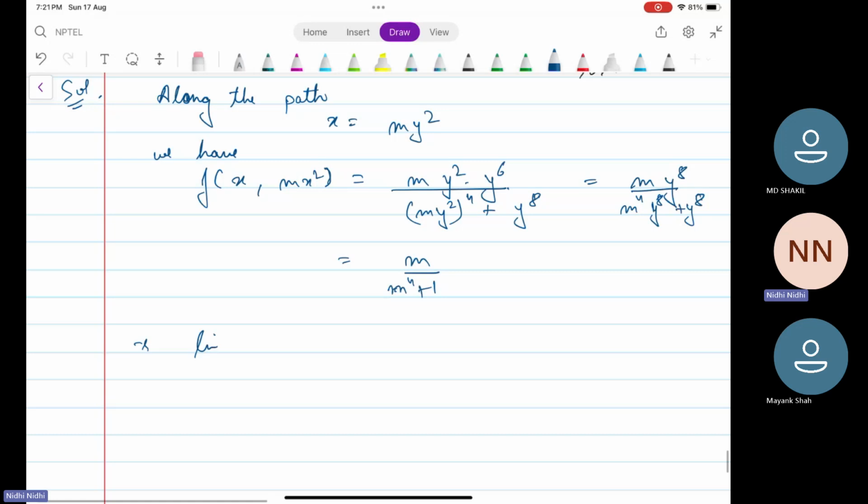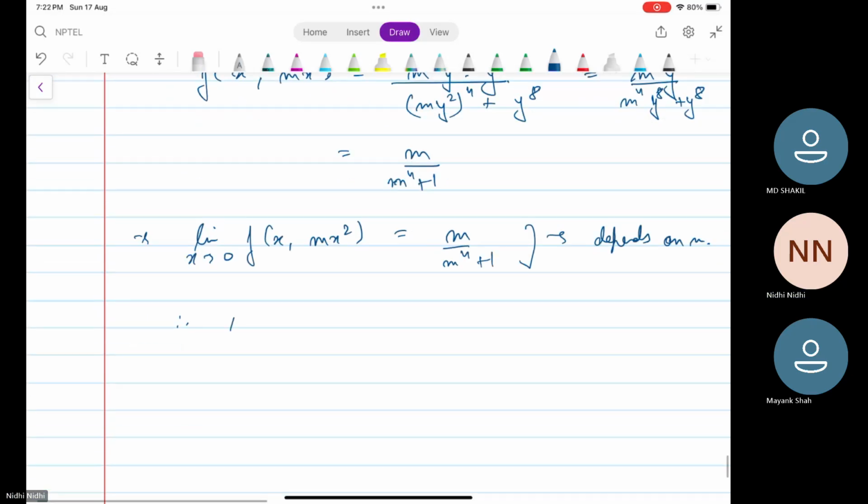This implies the limit as x tends to 0 of f along x equals m y square is m by m to the power 4 plus 1, which clearly depends on m. Therefore, the limit as (x, y) tends to (0, 0) of f(x, y) does not exist.